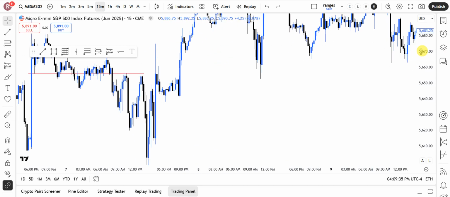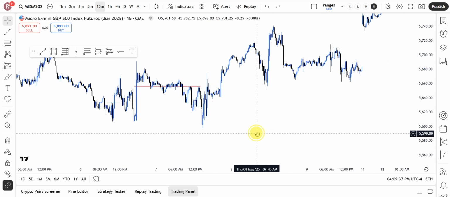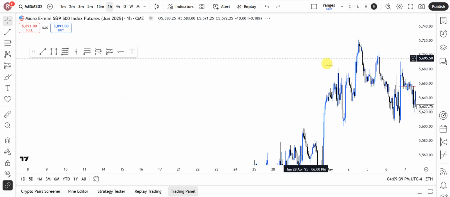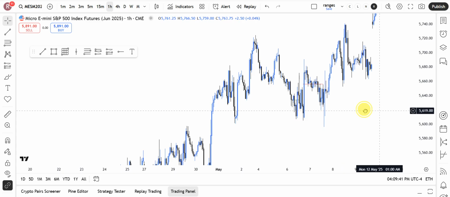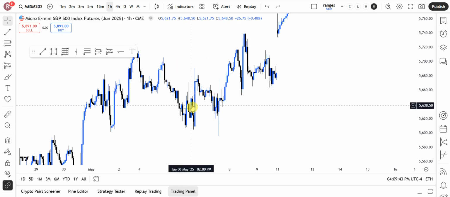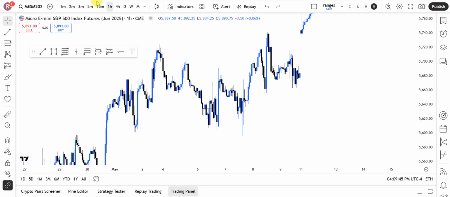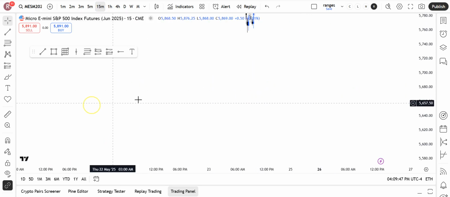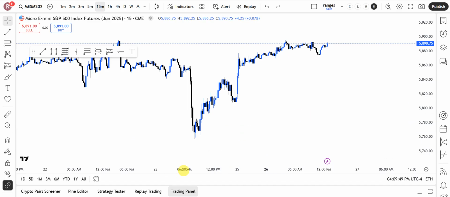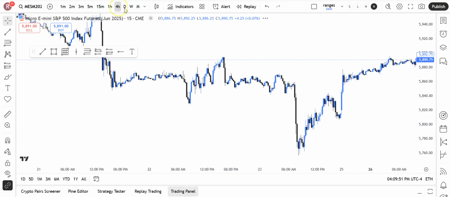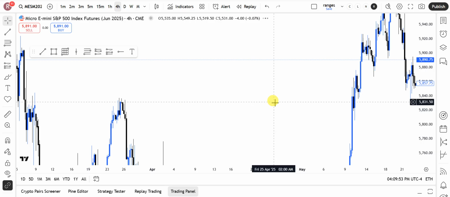And obviously, you have higher time frames that you're studying along with the lower time frames, because just because there's a break of structure on the lower time frame, like say the 15-minute, let's take an example. So let's look right here.